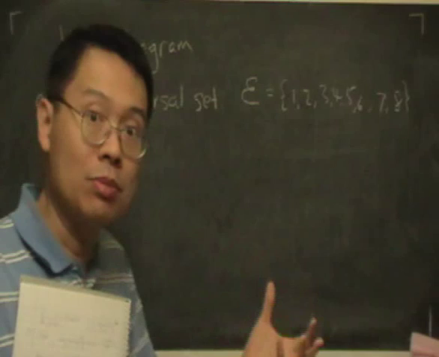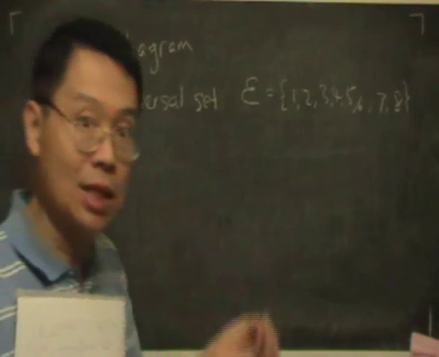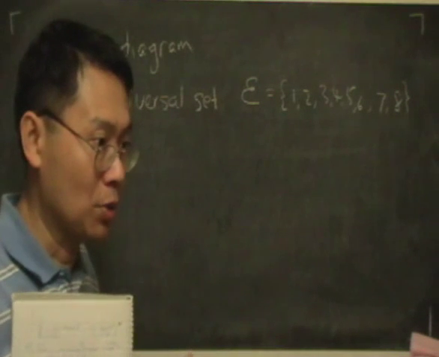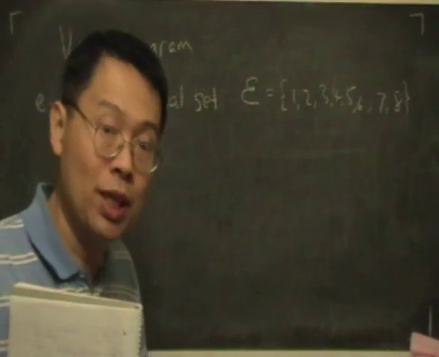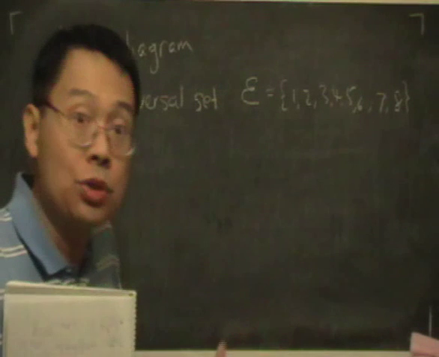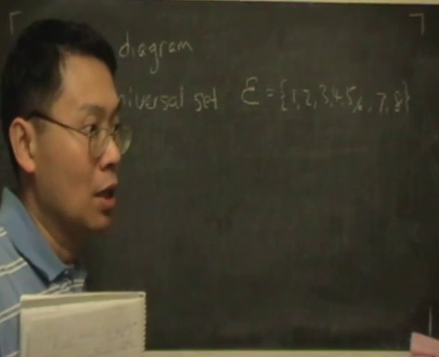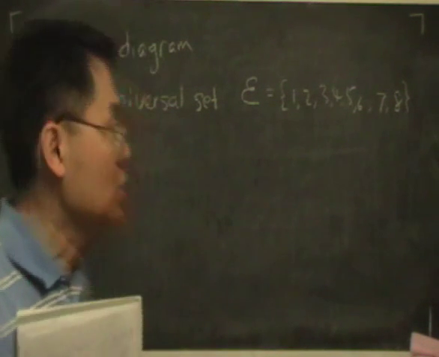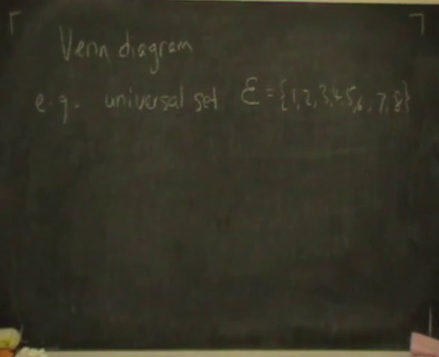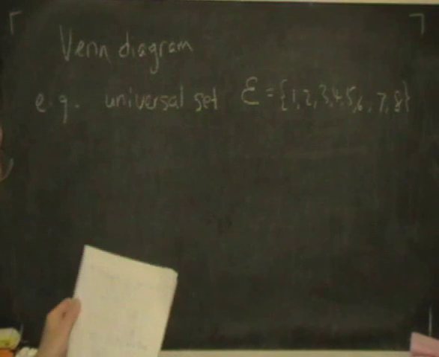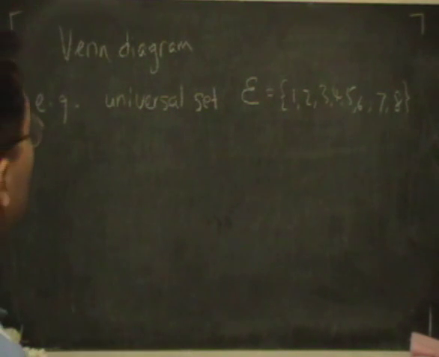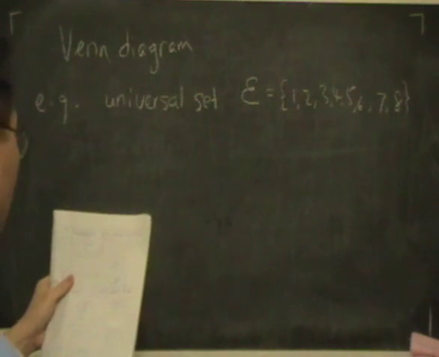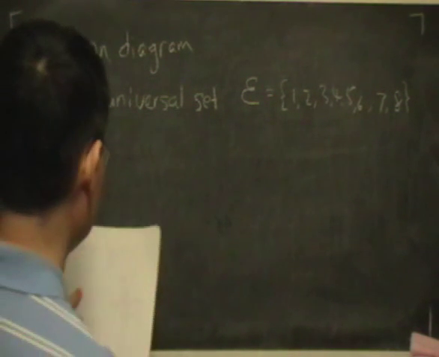You just make it up, you just decide on the biggest set or the biggest collection of objects that you think you are interested in, and then you discuss it or think about it or calculate with it. So that's my universal set, and I'm going to define some sets inside this universal set.